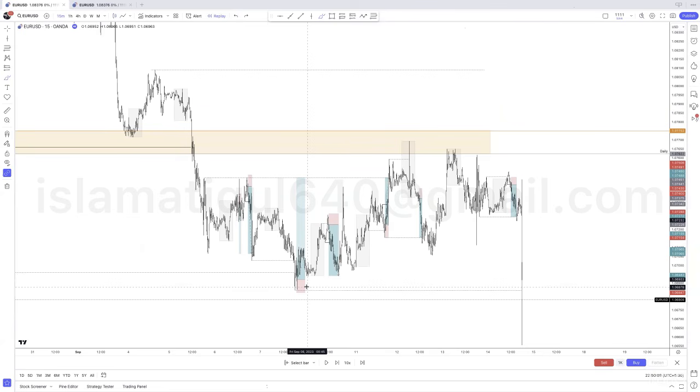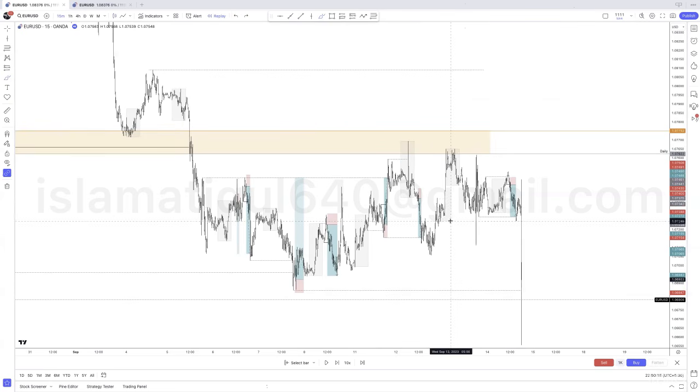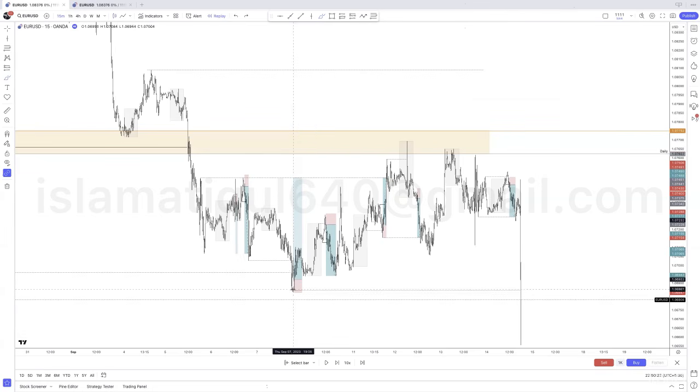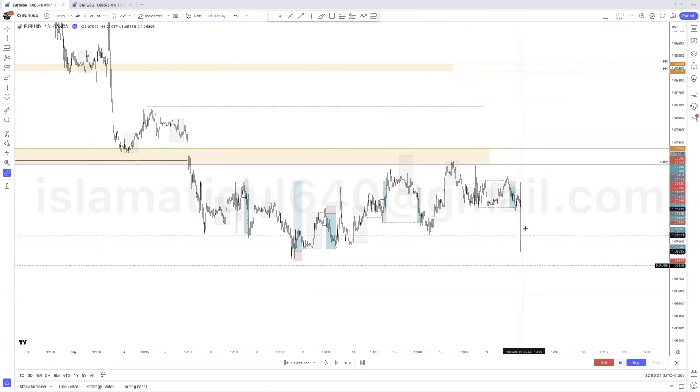Nobody can say 100% that after sweeping this liquidity, it's going to go here, and after taking this, it's going to move here. If I could say that, I would have taken all the sells, right? But no, we know the other concepts as well, so we have to understand them. But if we know that the high time frames are bearish, so there's a chance of them moving down from here, that's more than enough, because on the lower time frames, you will see all this messed up stuff.